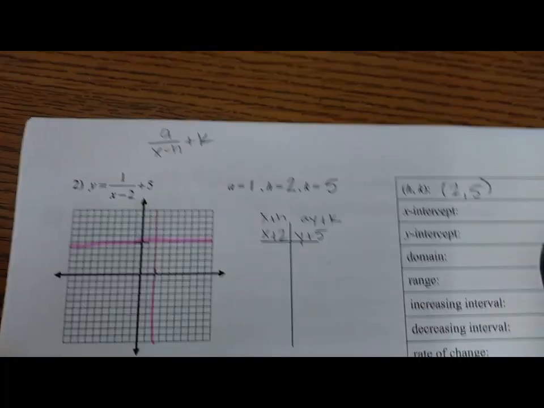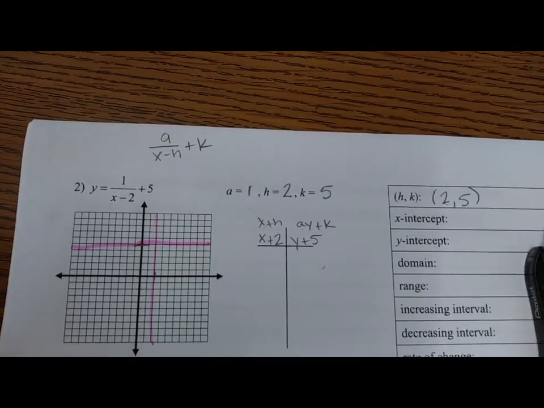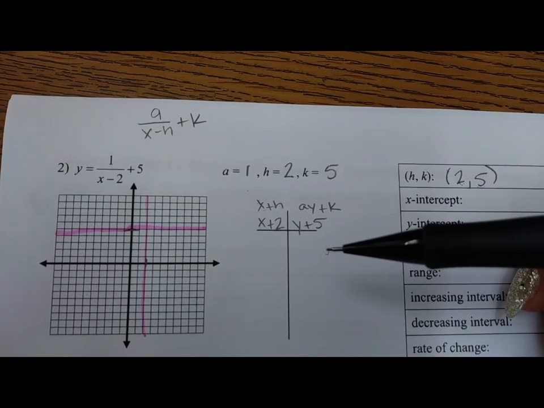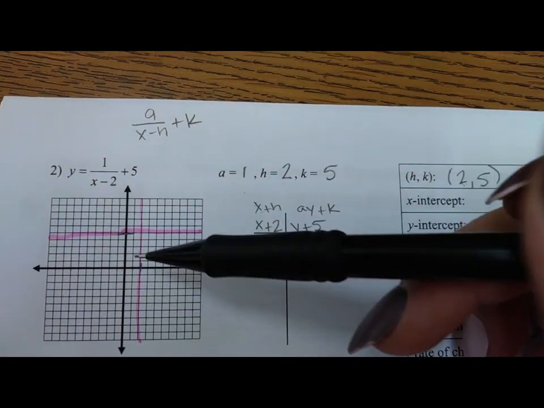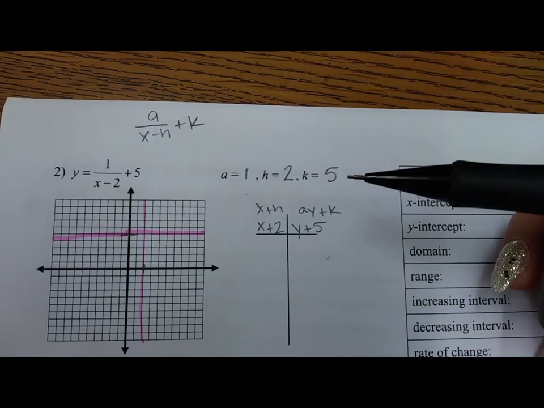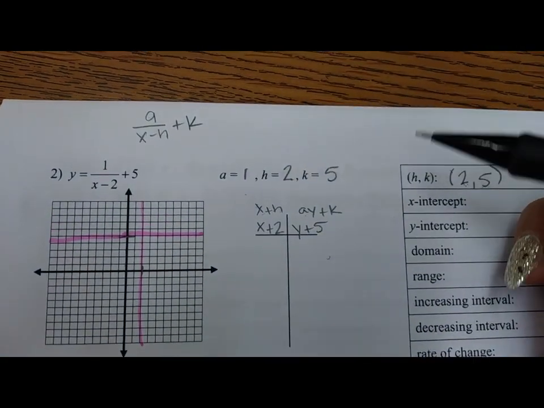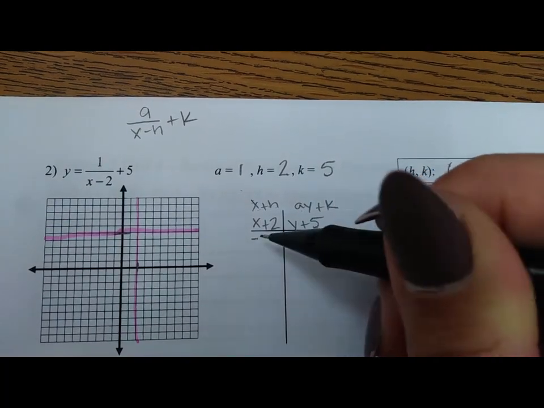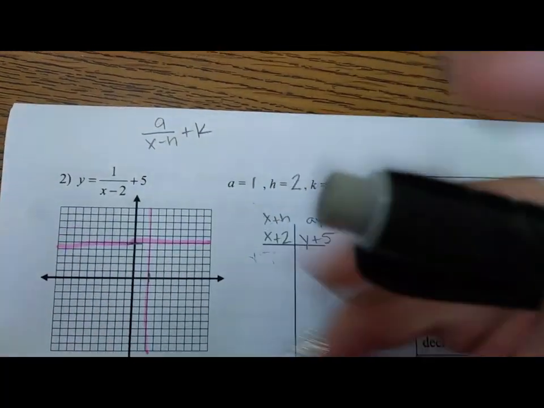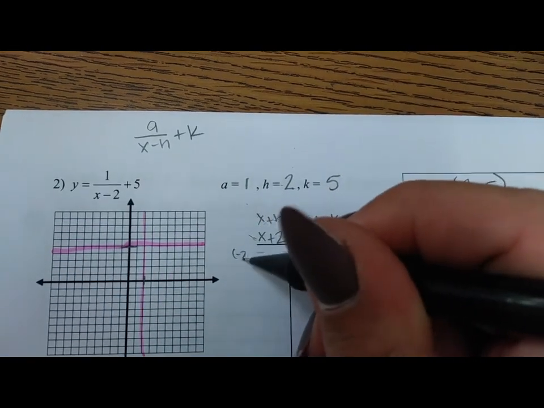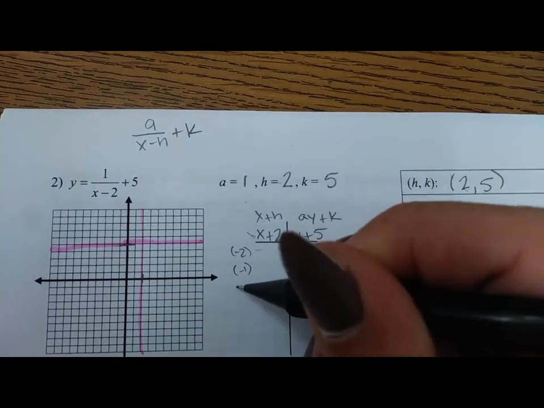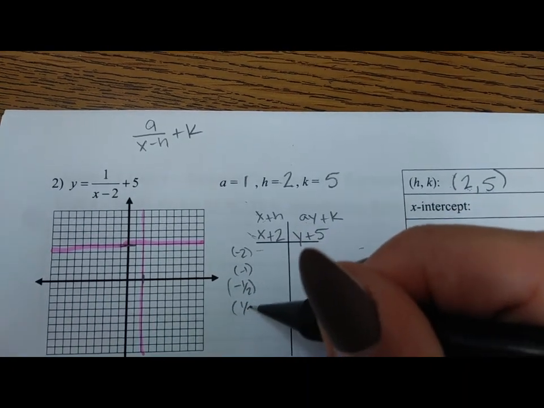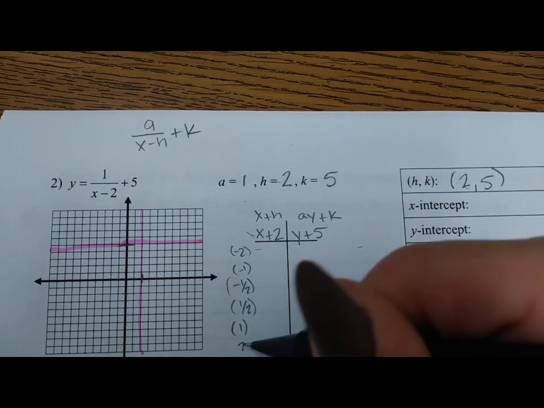So I know that I want at least 3 points on one side and at least 3 points on the other. So remember, from the last page of our notes, what did we use? We used -2, -1, -half, half, 1, and 2.